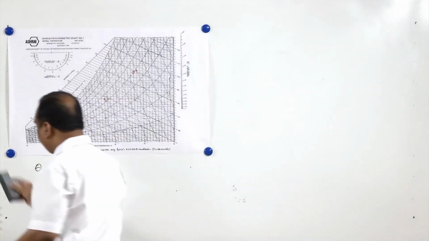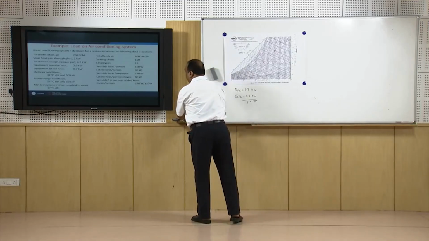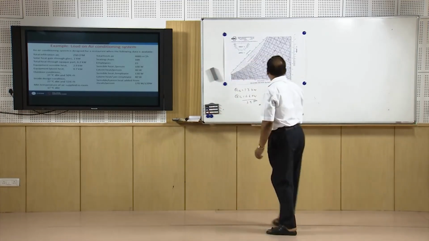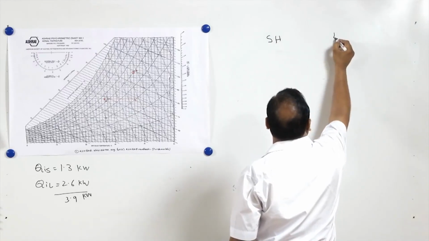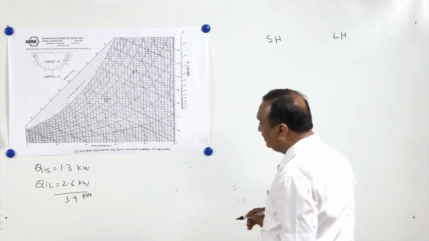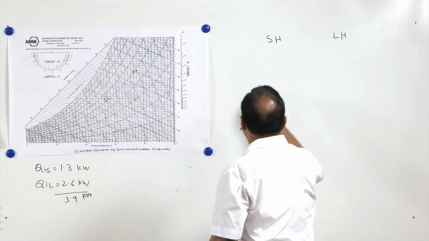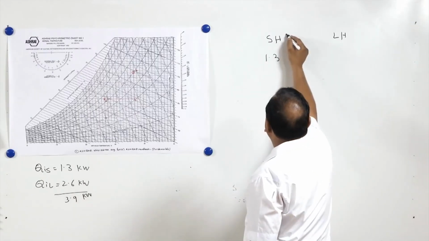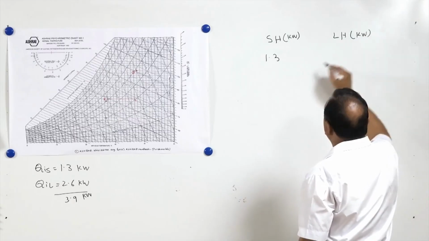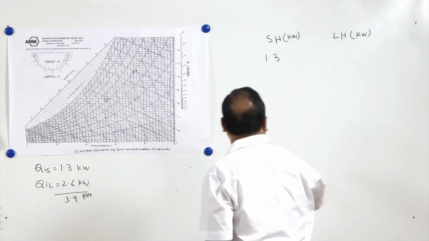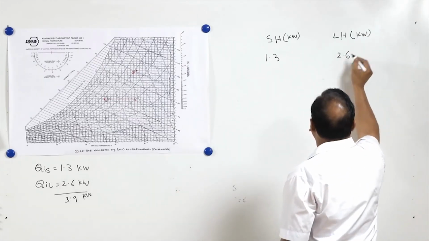So in order to make a table on sensible heat and latent heat, first of all infiltration: this column is sensible heat, and this one is latent heat. Through infiltration the sensible heat is 1.3 kilowatt, this is in kilowatts, this is also in kilowatts, and latent heat is 2.6 kilowatt.